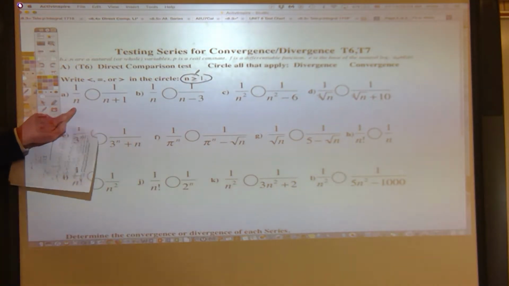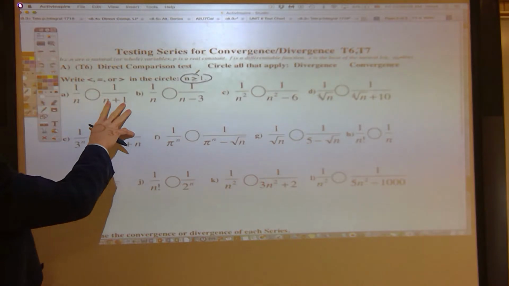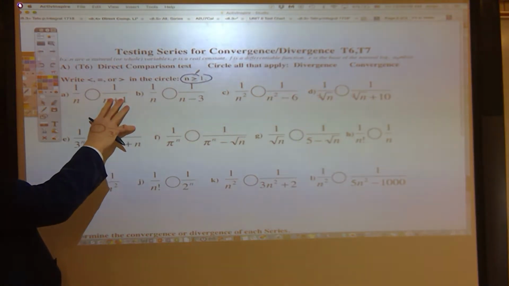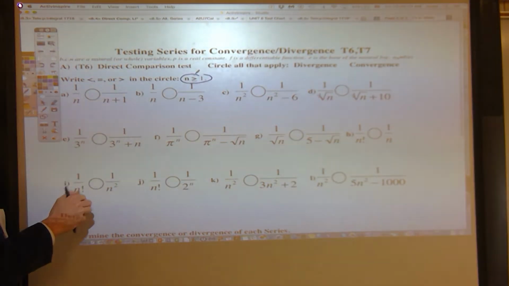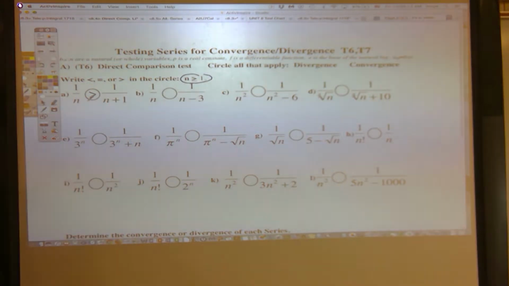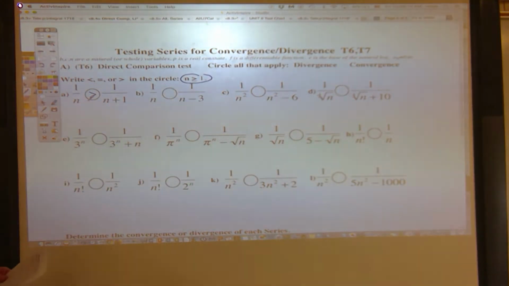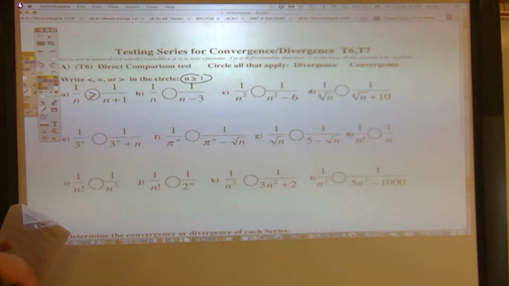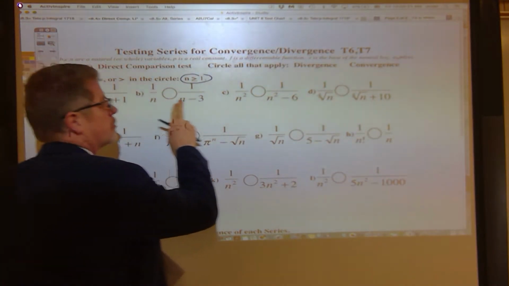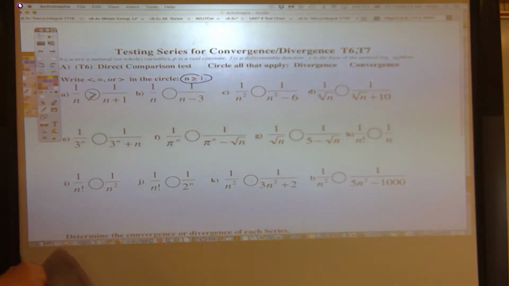So 1/2, 1/3, come on. The logic is that a bigger denominator means that the fraction is smaller overall, so 1 over n is greater than 1 over n plus 1 for all n greater than or equal to 1. See if you can apply that thinking to the rest of the comparisons in this first row. Go ahead and compare greater than or less than.